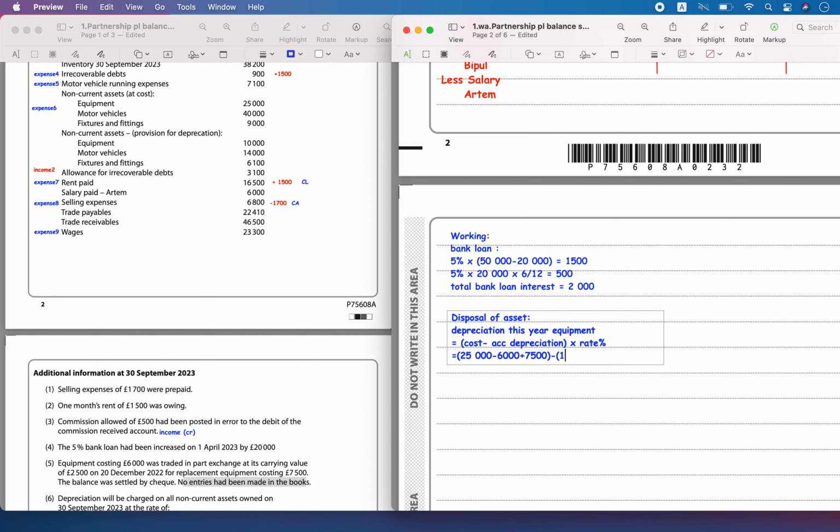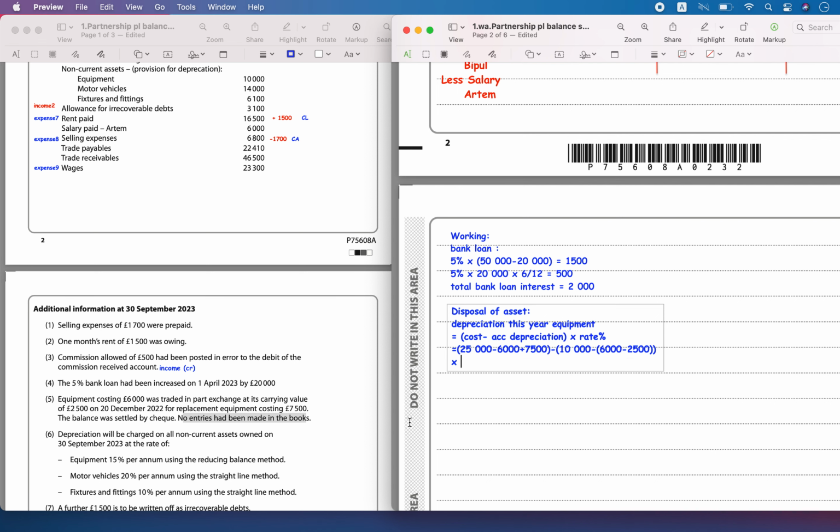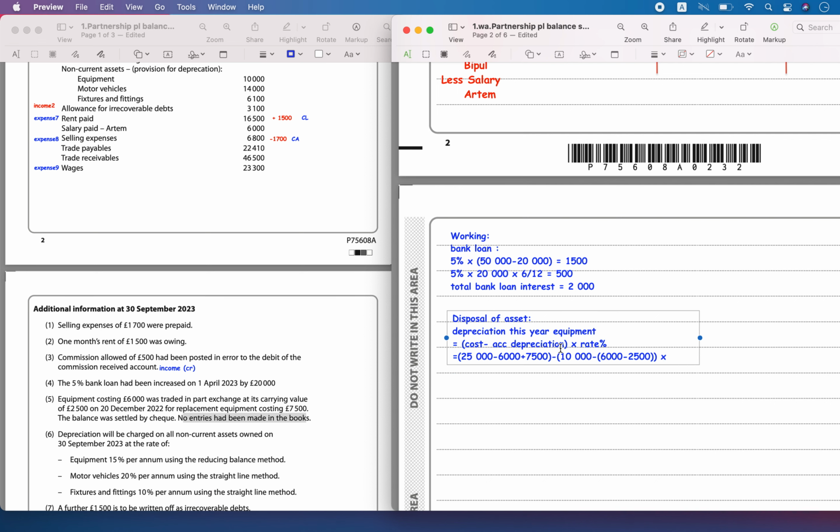So the total accumulated depreciation for the equipment was 10,000 minus, I will have to find the depreciation of the sold asset. So how will I find? I will have to find cost minus its carrying value. So cost was 6,000 minus its carrying value of 2,500, times the rate.